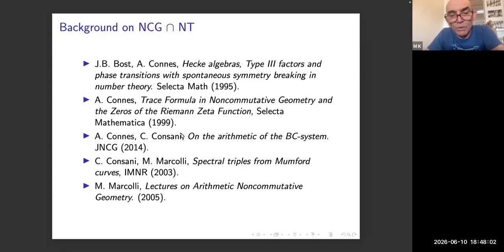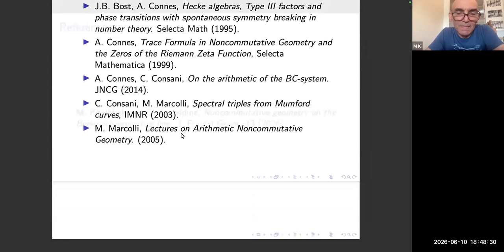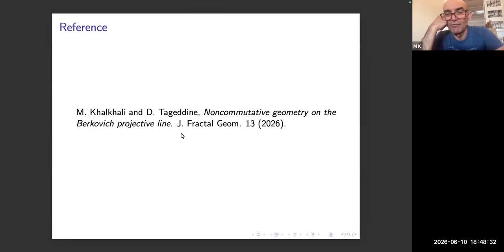I just said one, and also Marcolli's lectures on arithmetic non-commutative geometry are very nicely written, very readable, and insightful. Again, a lot of references. For example, we are thinking of an analog of the Bost-Connes system in our context also. So there's a lot to be done. Well, thank you very much for listening, and this is the reference for our paper. So I think I should stop now. Thank you very much.